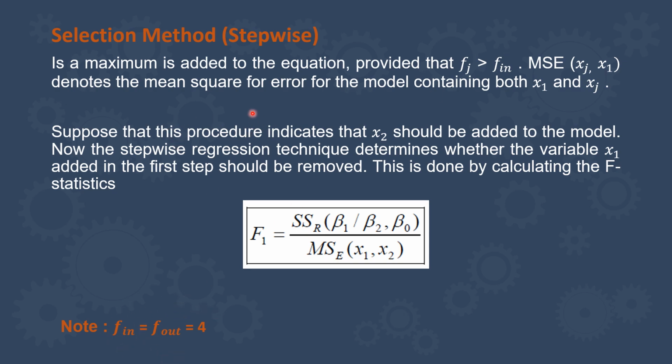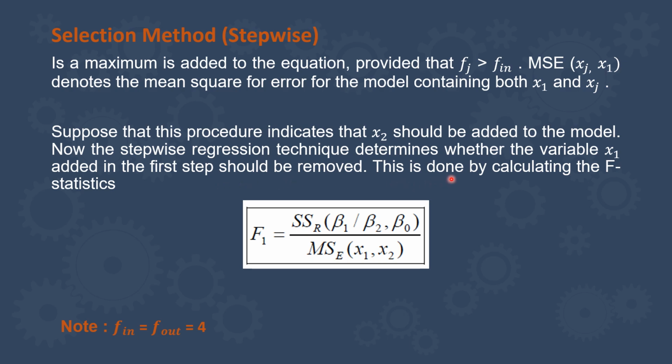Suppose that in the second step, x2 should be added to the model. Remember, in our first step, x1 was already added into the model. Now, this is the difference between stepwise and backward and also forward. Because in the stepwise regression technique, after we add the second regressor, we will determine whether the regressor x1 that was added in the first step should be removed or not.